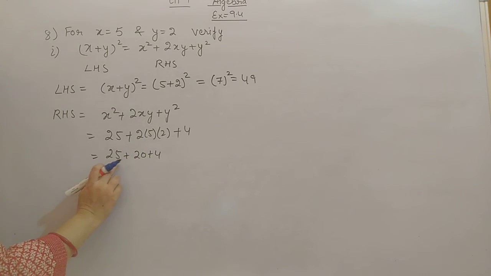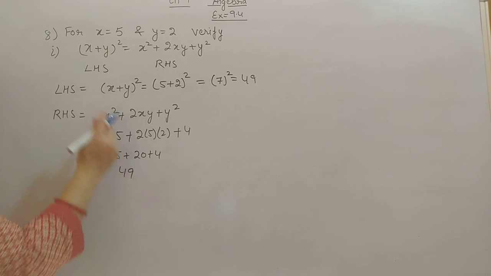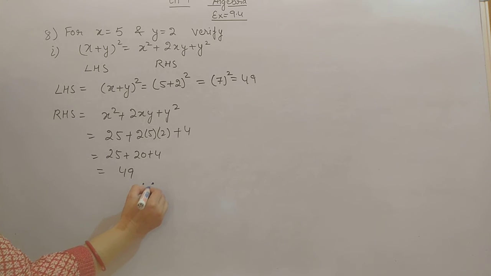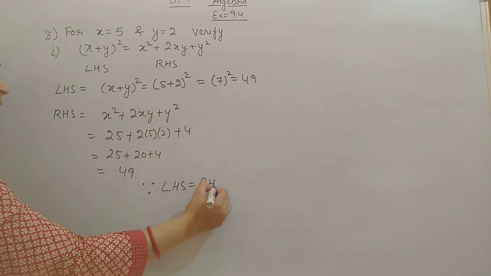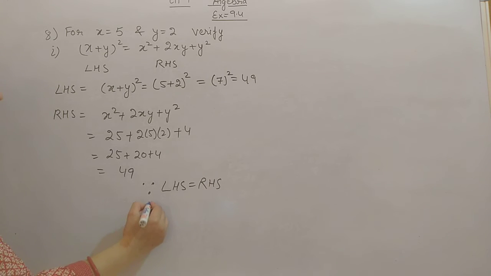Add everything: 25 plus 20, 45, plus 4, 49. Now you can see left and right side are coming same, because left side is equal to right side. The meaning of these 3 dots is because, up 2 dots, down 1 dot. Therefore, or you can write hence verified.